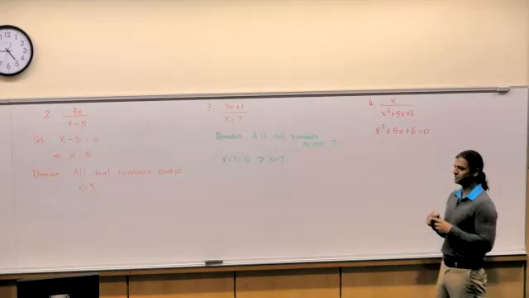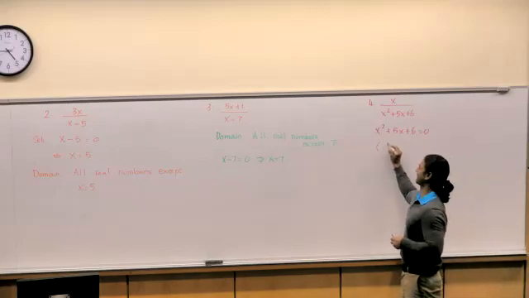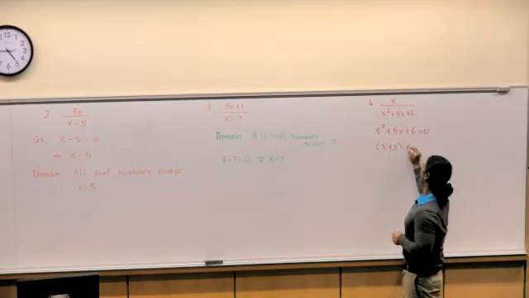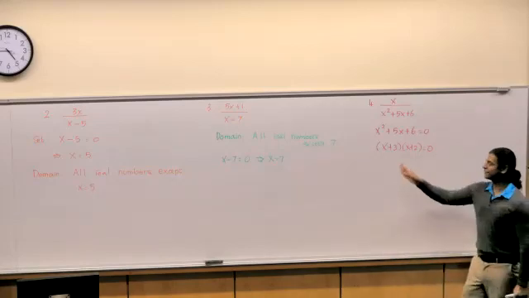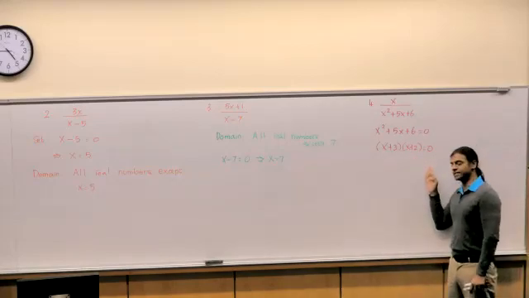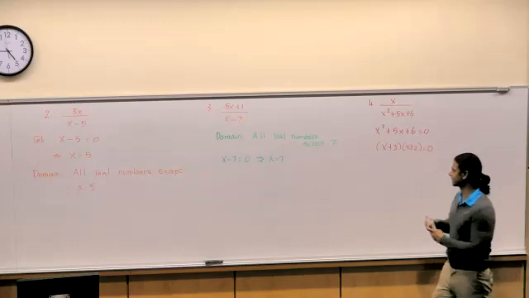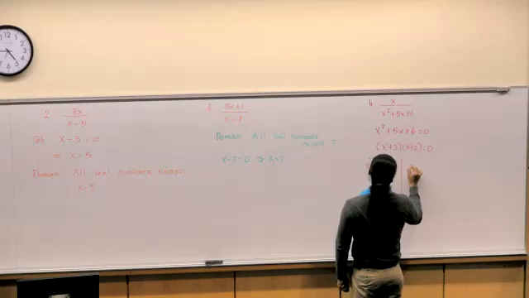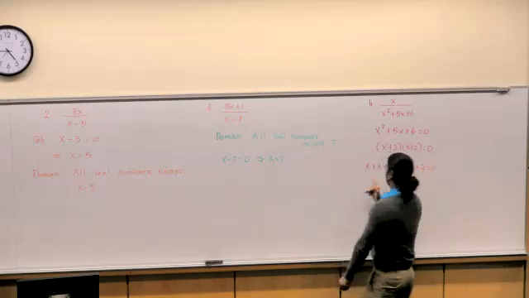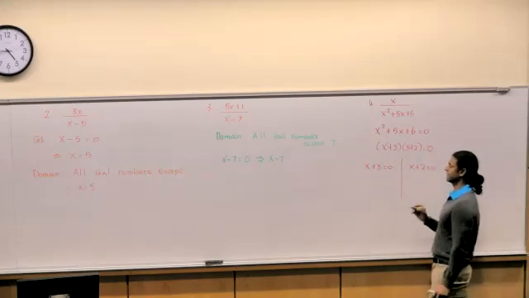We did the exact same problem last time. Yes, x plus 3 times x plus 2 equals 0. We set each factor equal to 0, solve for x. x plus 3 equals 0, x plus 2 equals 0.